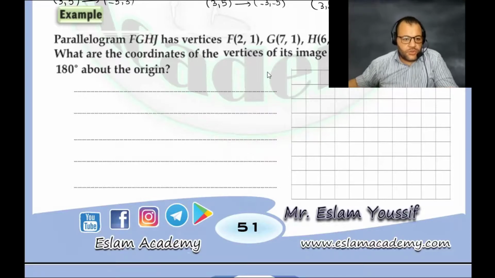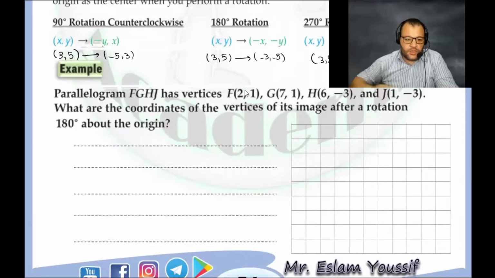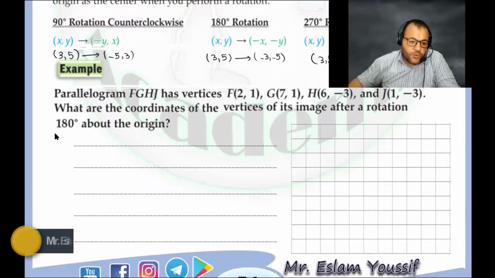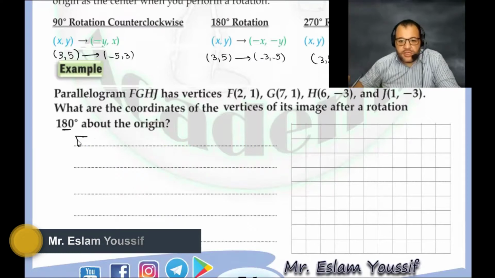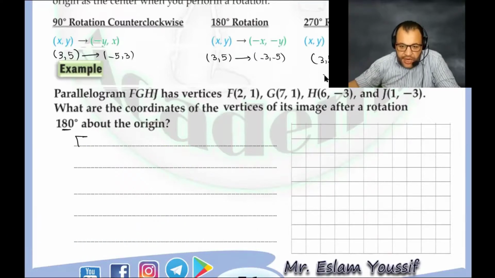Okay. So now for the parallelogram, we have parallelogram FGHJ with coordinates F(2, 1), G(7, 1), H(6, -3), J(1, -3). We need to write the coordinates after rotation with angle 180 degrees. So all we have to do is change the sign of the numbers that we have.